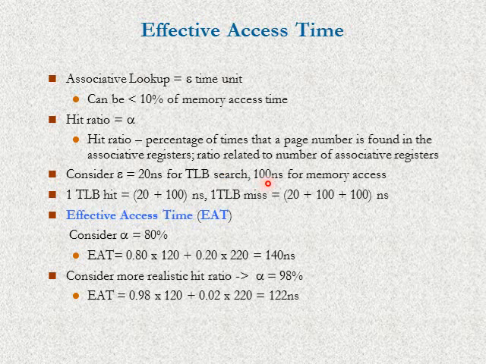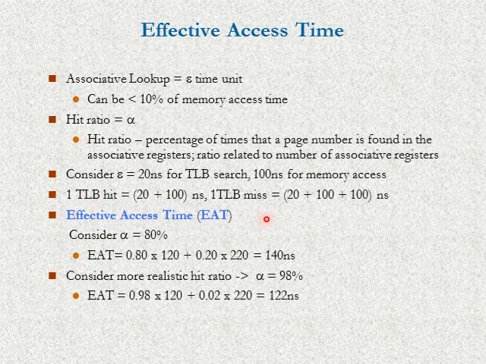On the other hand, if we have to get it from the main memory, we may require 100 nanoseconds for this operation. So for a TLB hit, we have one trip to the TLB and then one trip to the main memory to fetch the actual instruction, which means we have 120 nanoseconds for a TLB hit.